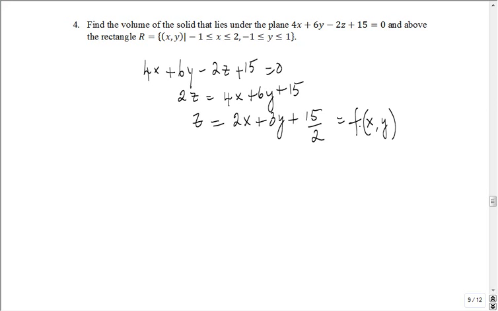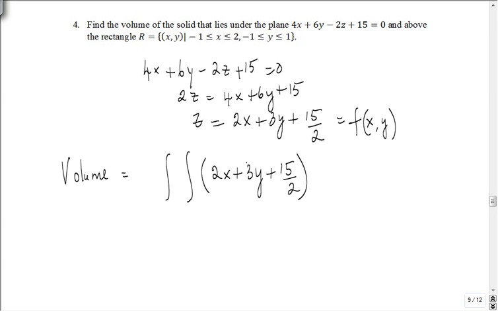Okay, so now let's find the volume. So the volume is equal to the double integral of 2x plus 3y plus 15 over 2 with respect to x and y.